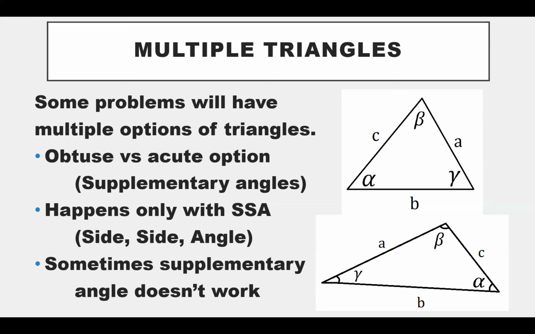This can only happen when I'm given two sides and an angle. If I'm given two angles and a side, this won't happen. By the way, as we saw in our first example with side-side-angle, sometimes a supplementary angle doesn't work because we add to over 180 with the supplementary angle. So sometimes one of them doesn't work.